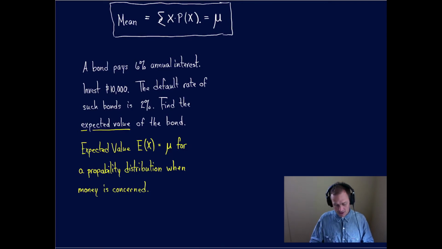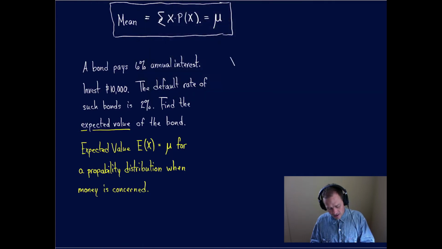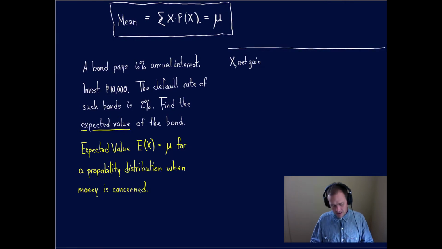Okay, here's what we're going to do. So I'm going to set this up. When we construct a probability distribution, we usually write x as our net gain. Now, if you hold the bond for a year, at the end of the year, you receive interest.